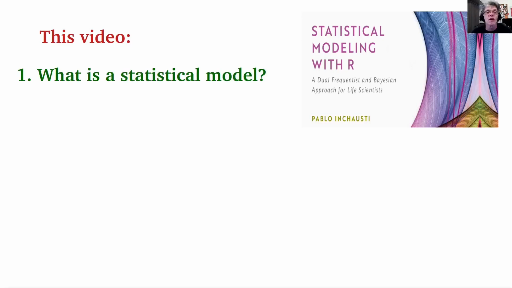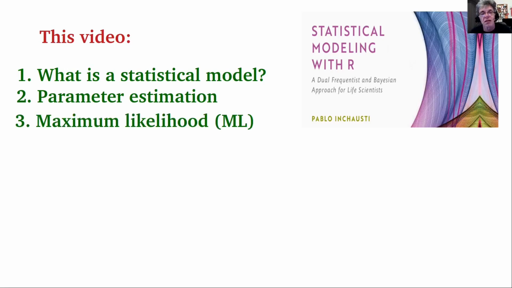So in this video, I mentioned what is a statistical model. We extremely quickly discussed the issue of parameter estimation, and explained an analytical example and a numerical example of maximum likelihood estimation.